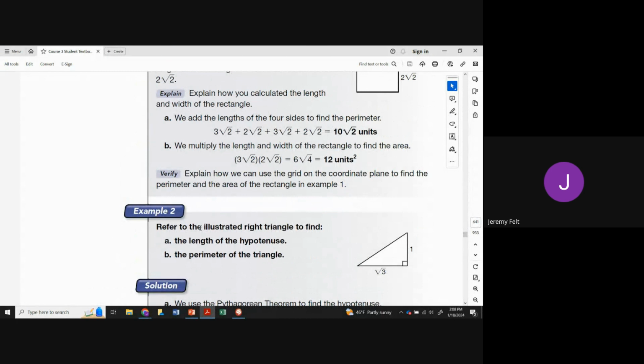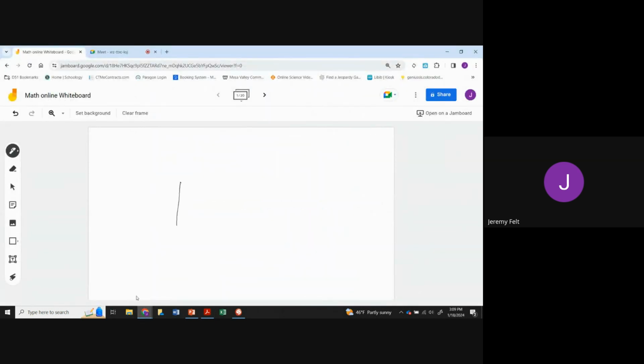All right, so if we're looking at this and we want to find the length of the hypotenuse, the legs are 1 and square root of 3.